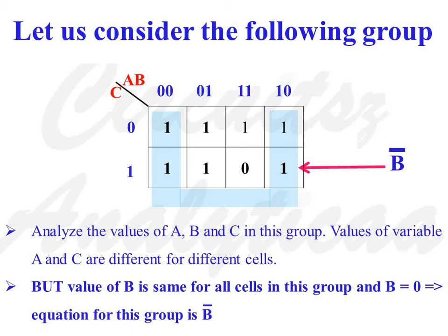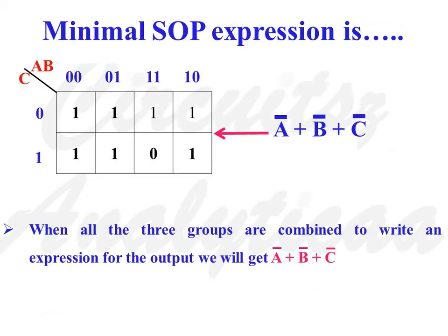So we can write the group equation as B bar. So for the entire K-map, we can write the Boolean equation as A bar plus B bar plus C bar. Therefore, minimal SOP expression is Z is equal to A bar plus B bar plus C bar.